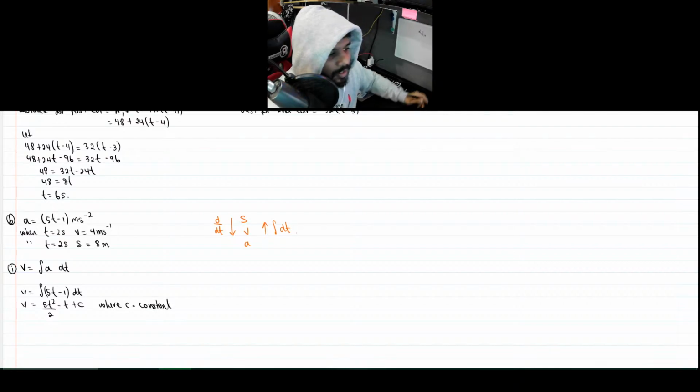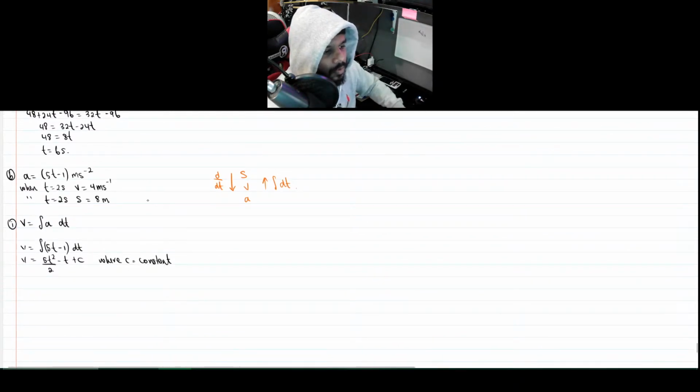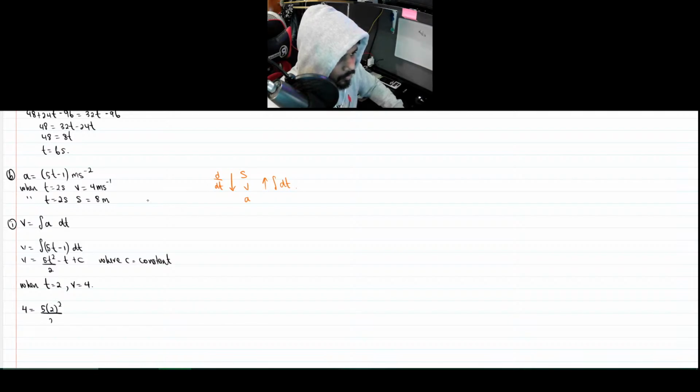We have the conditions to calculate the value of the constant. We know that when t is equal to 2, v is equal to 4. So 4 is equal to 5 into 2 squared over 2 minus 2 plus c. Move everything across: 4 plus 2 minus 5 into 2 squared over 2 is equal to c. If you want to calculate it in one go, you could do so.